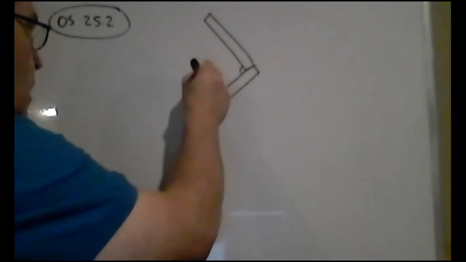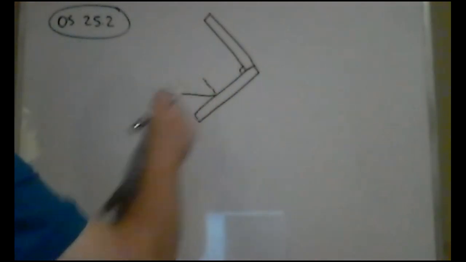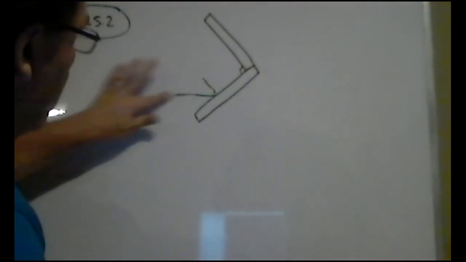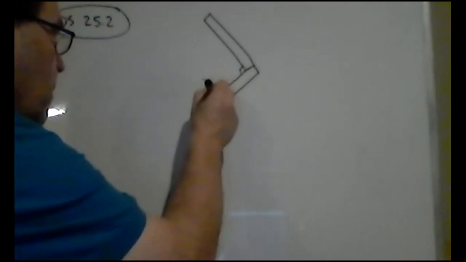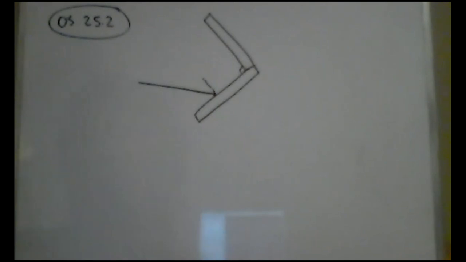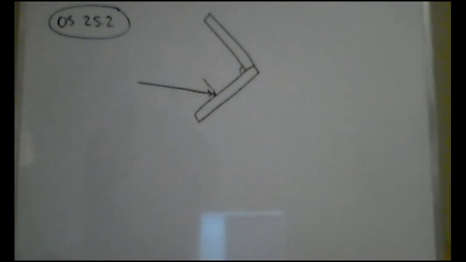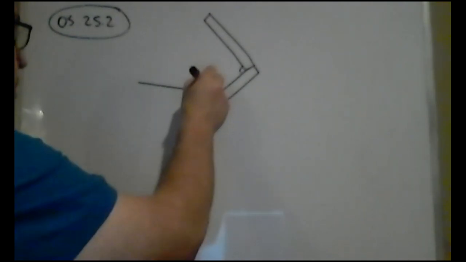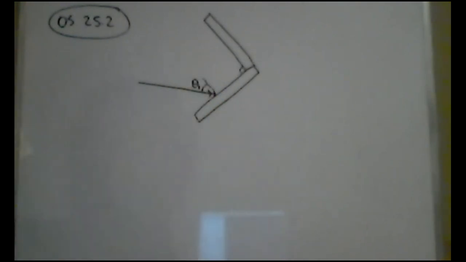So I have a normal here, and a ray coming into the normal at an angle theta 1. We assume that the ray is coming in at an angle theta 1.